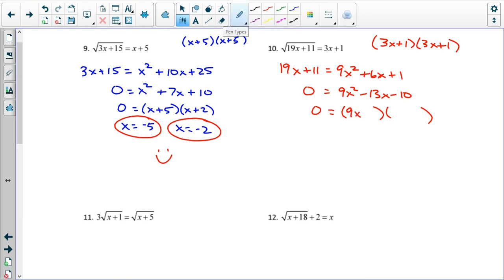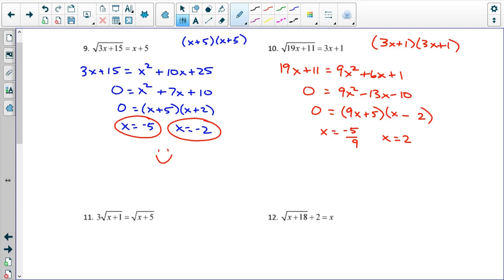And if that doesn't work, then I guess we're going to use the quadratic formula. So 9 times 2 is 18, 5 times 1 is 5. That ends up giving me 13 when I subtract them. So I have x equals -5/9 and x equals 2.